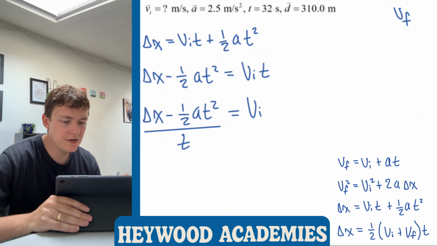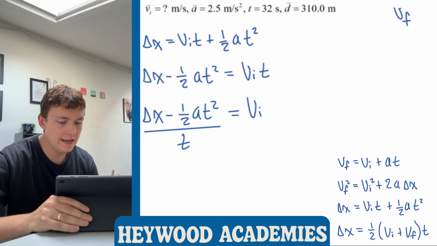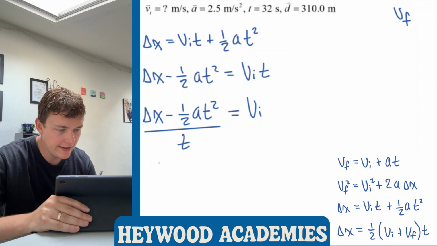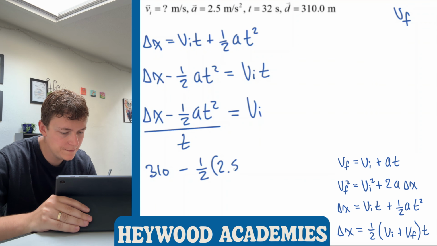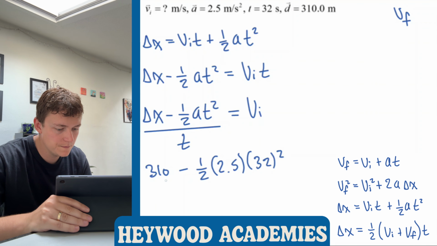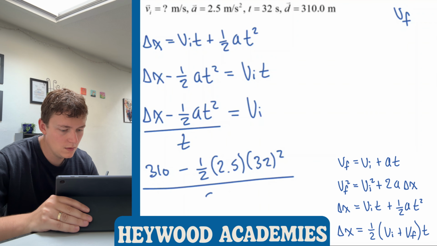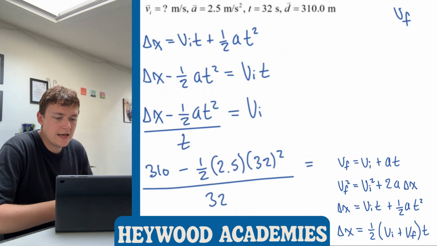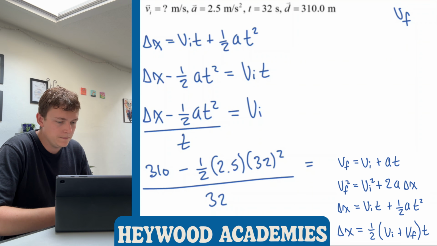We're in SI units here, so we can go ahead and plug everything in. So for that delta x, we're going to use d that they gave us as 310. Acceleration was 2.5. Time was 32. And we'll plug that one in to get our initial velocity.